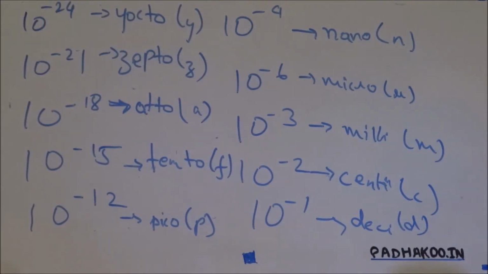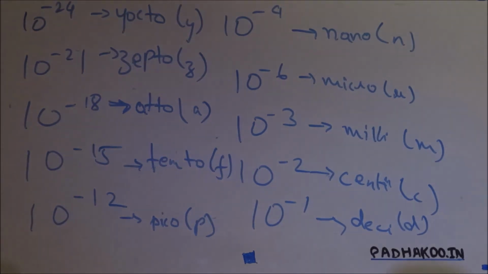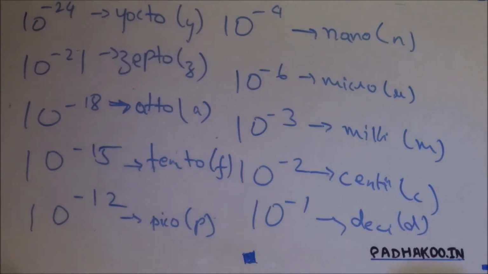Like if we want to write 1/10th of a meter, all that stuff. Centimeter, what is 1 centimeter? That is 1/100th of a meter. So we can write that. We need to learn them by heart also. So these were the negative powers of 10, I mean 1 upon a number.